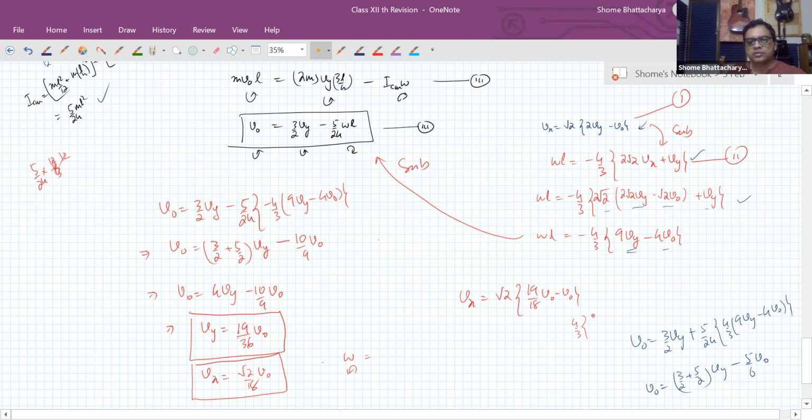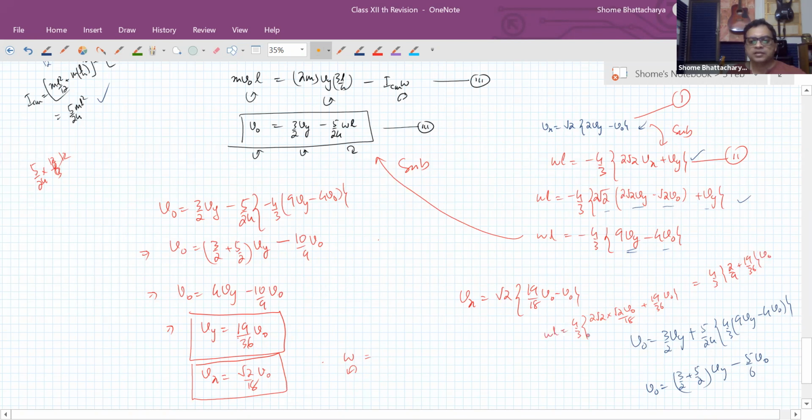Okay. So 4 by 3 into 2 root 2 into root 2 V naught by 18 plus 19 by 36 V naught. So 4 by 3 into 2 by 9 plus 19 by 36 V naught.